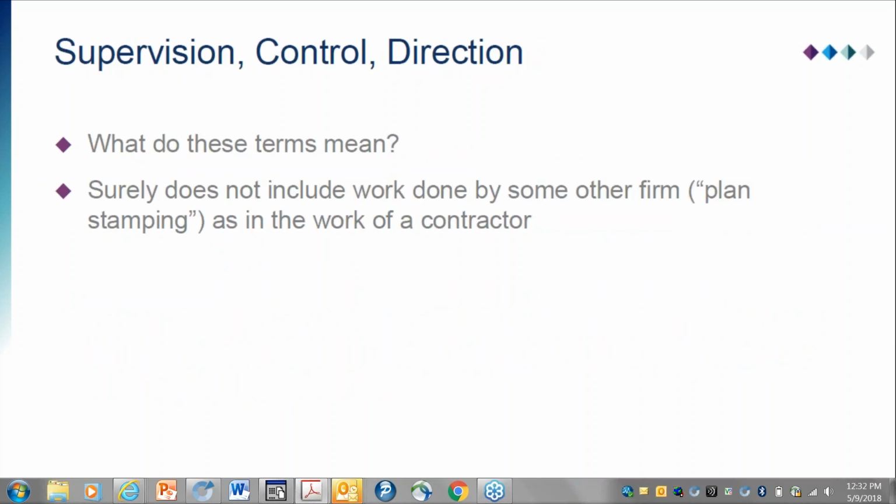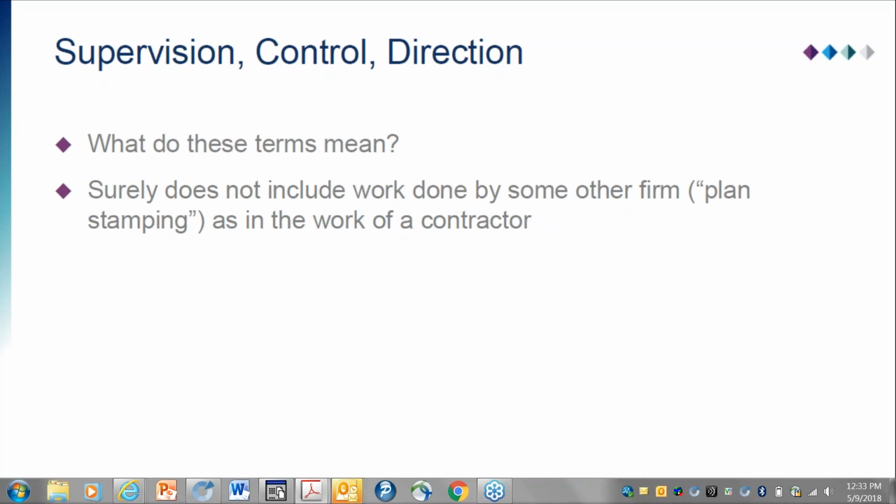Now, supervision, control, and direction. We talked about this last week with Wisconsin, about how they've got these elaborate definitions, which I think are very appropriate and important and detail very nicely what these terms mean. Illinois doesn't do as good a job as we might hope on this definition, for better or for worse.